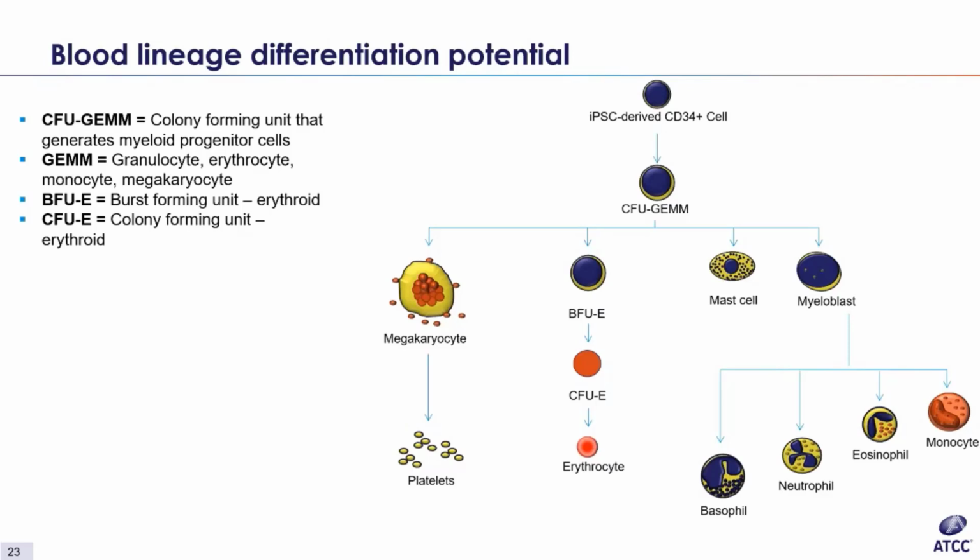CFU-GEMM can also specialize into mast cells. The cells can also be coaxed into becoming myeloblasts, which differentiate into the various granulocytes or other components of the immune system.